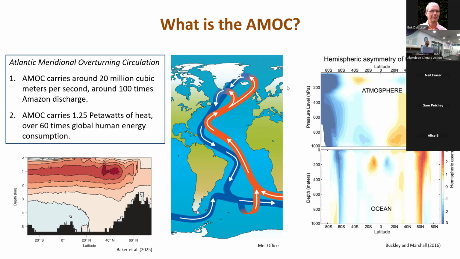And that combination of being both cold and salty makes these waters very dense. We get what's called North Atlantic deep water form, and it goes southwards again at depth. That's shown by this blue pipeline here in this kind of cartoon schematic in the middle.